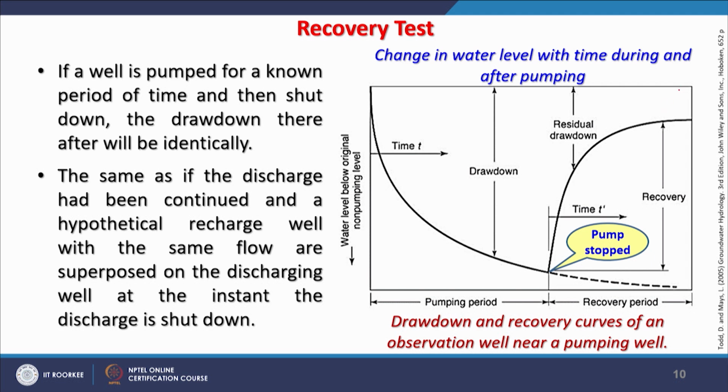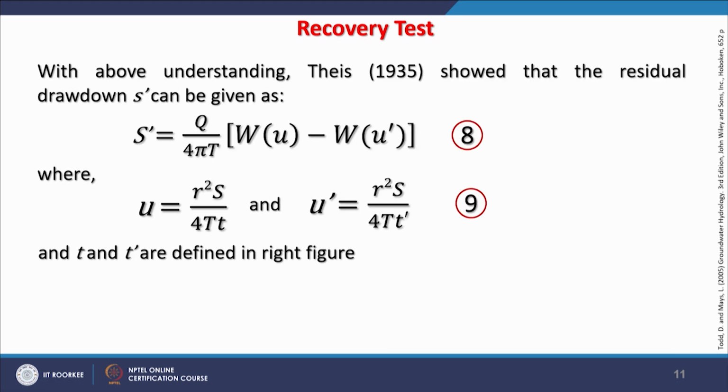Anyway, there will be some residual gap, which will ultimately be recovered if we give more time to the aquifer to reach the original water level. So, if the discharge had been continued, that means pumping had been continued, a hypothetical recharge well with the same flow is superposed on the discharging well at the instant the discharge is shut down. So, this can also happen.